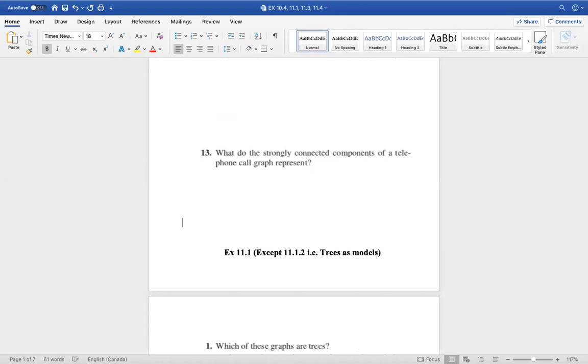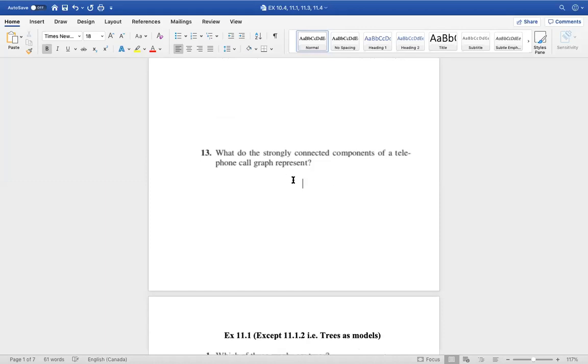The next question is, what do the strongly connected components of a telephone call graph represent?